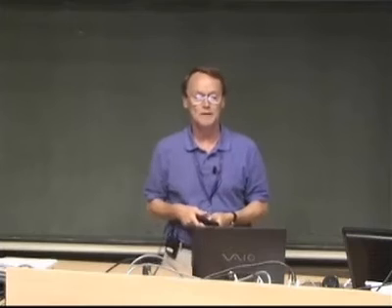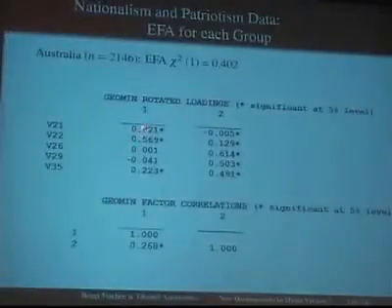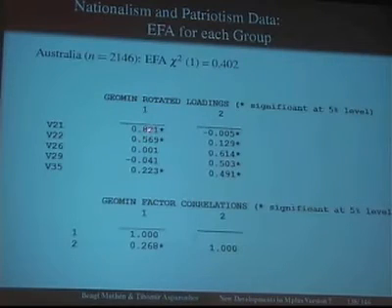First, EFA for each group. Let's take Australia. 2,000 people there. And EFA has only 1 degree of freedom with 2 factors and 5 variables. And chi-square is good. Don't know how much power that is with 1 degree of freedom. And lo and behold, it looks like the first 2 items measure the first factor well, and the last 3 items measure the second factor well.